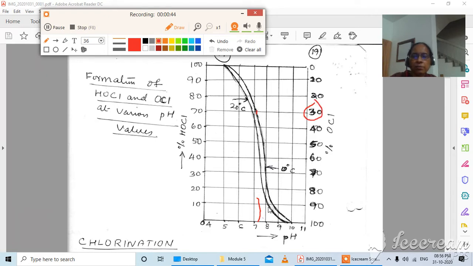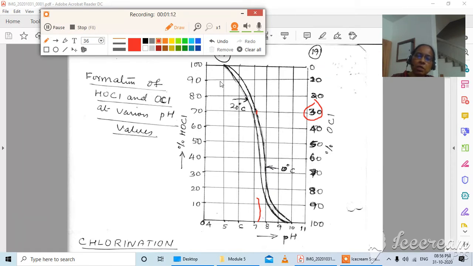And here when the pH is less than 5, you can see HOCl is starting, that is 100%, and OCl is 0. Below 5, that means pH is less than 5, there is no HOCl and no OCl.